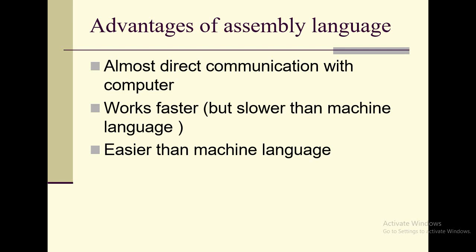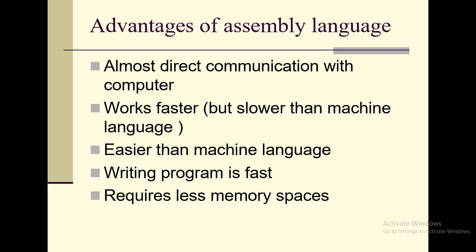Well, we get rid of 0 and 1, so it's slightly easier. Writing a program is fast, compared to the first generation. Don't compare with third or fourth or fifth generation. It requires less memory also, but it needs more memory than first generation.